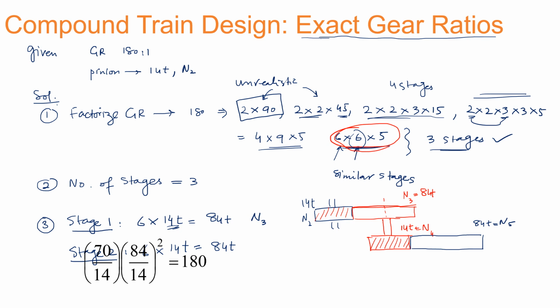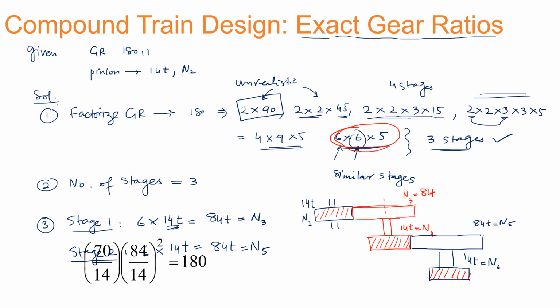So I'm going to write down over here N3, and this is going to be N5. So this is also going to have a shaft, and on the other side of the shaft, you are going to have once again 14 teeth, which is going to be equal to N6, if I may say that. And that is exactly the same type of gear that you have selected for N4 and N2.